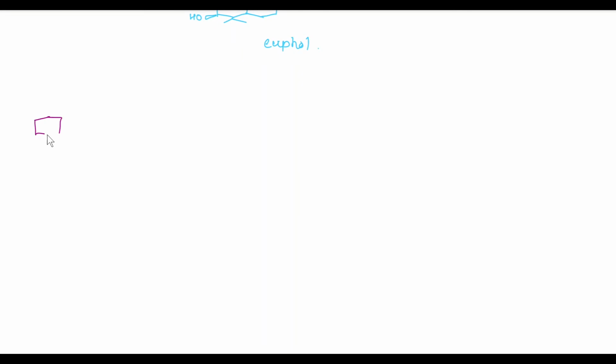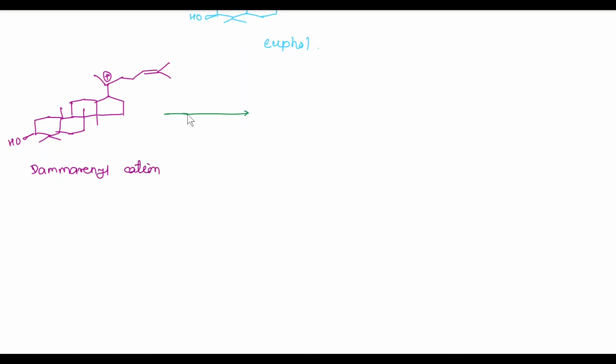So here, this is dammarenyl cation. So in the next step, ring expansion takes place.